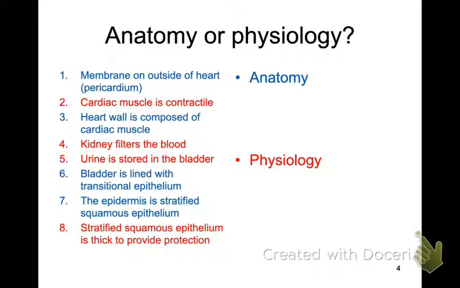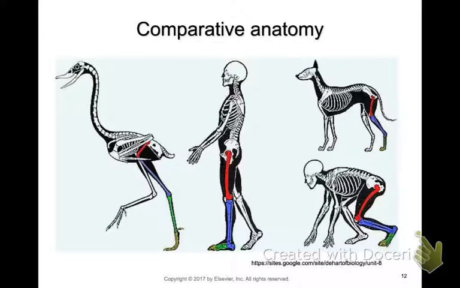The blue ones, hopefully you chose those or thought of anatomy when you read them. And the red ones are describing something that has to do with function, so physiology. So you have a little bit of an idea of what these 2 terms mean. They really go together because there is a mantra that form follows function.